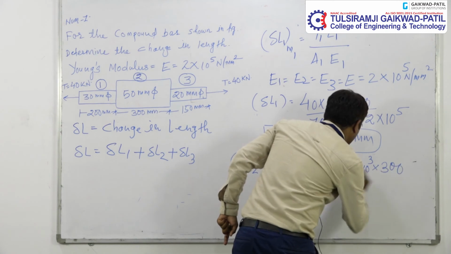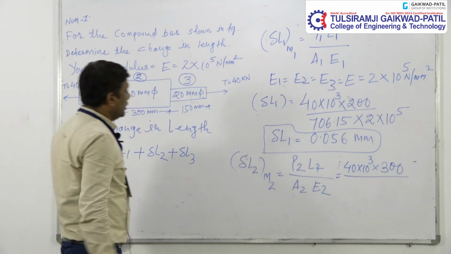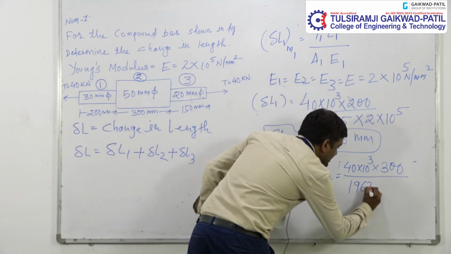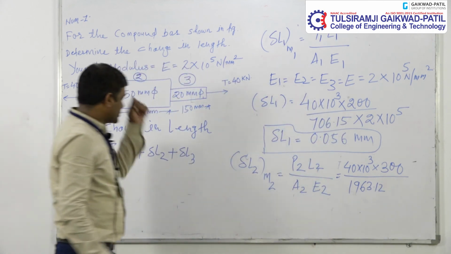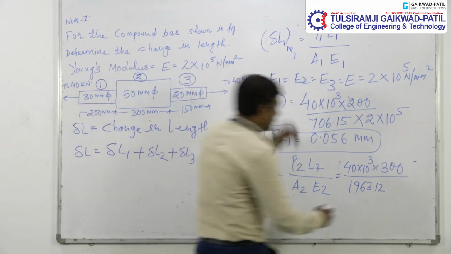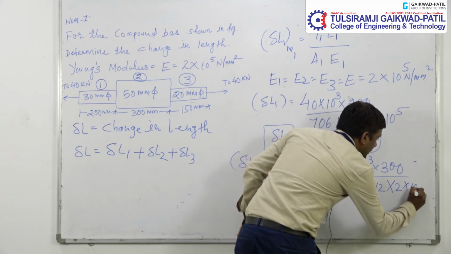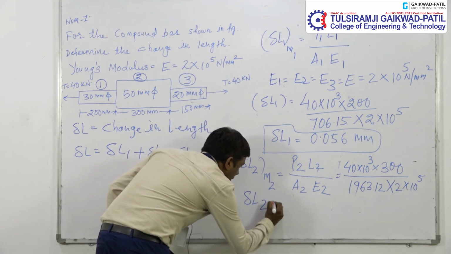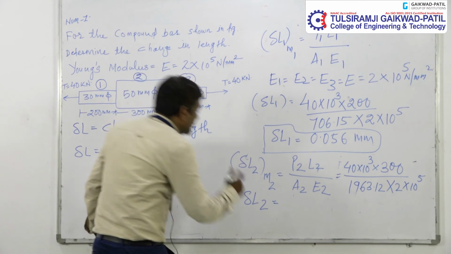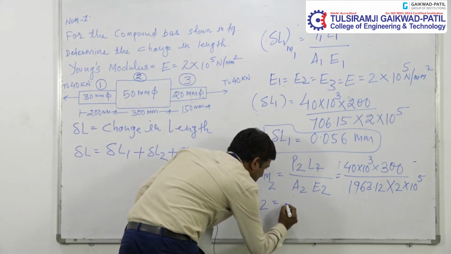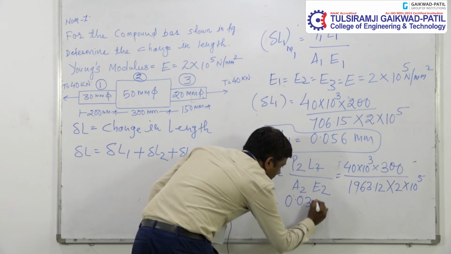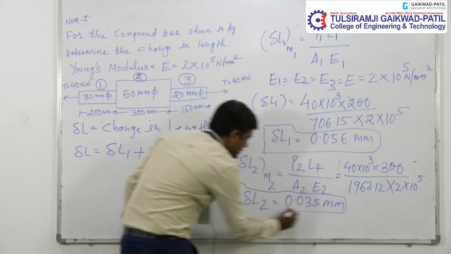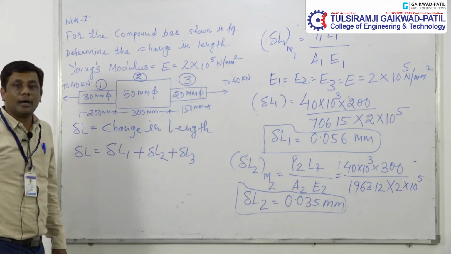So here I am writing 300. What is the value of A2? We already calculated the value of A2 as 1963.12 approximately, and the value of E2 is constant. Again it is 2 into 10 raised to 5 Newton per mm square. So on solving, you will get the approximate value of 0.035 mm. So this is the change in the length for figure number 2.